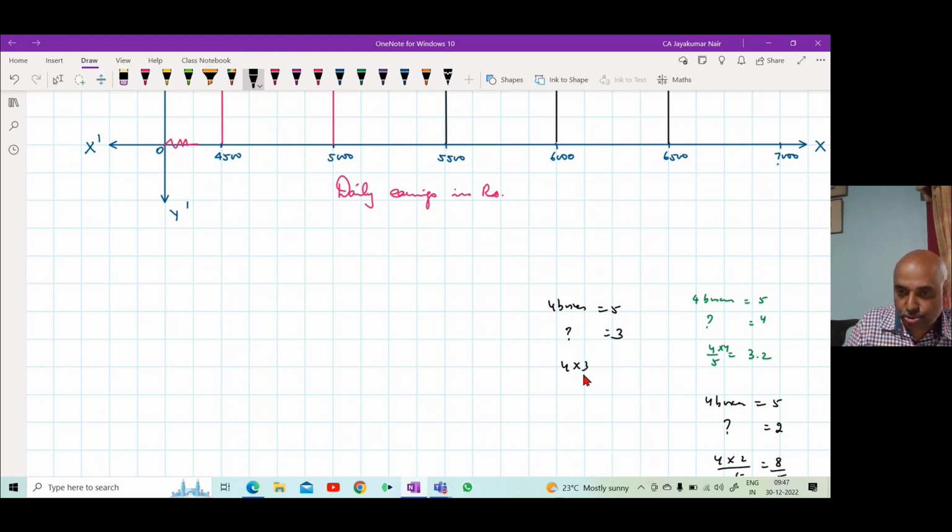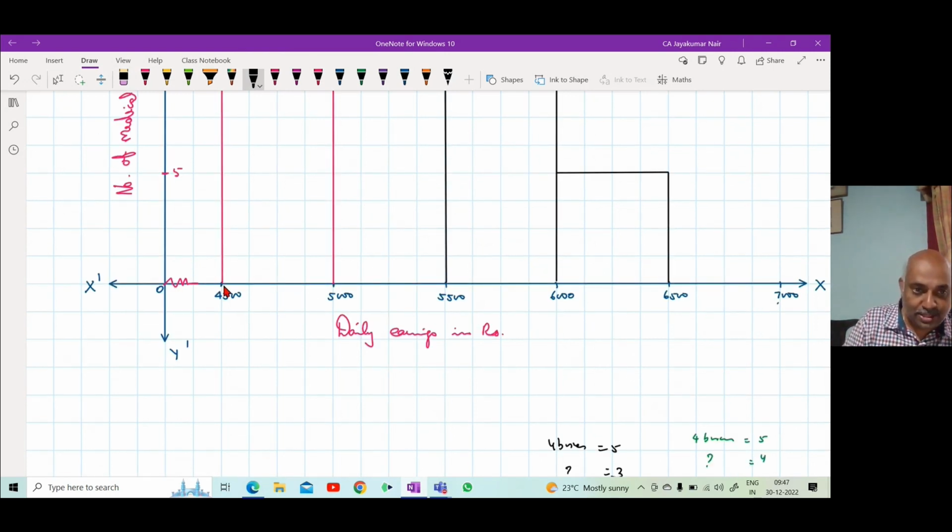So 4 into 3 over 5. So 4 into 3, 12 over 5 is 2.4 boxes. So this is 2.4, somewhere here. And then draw a horizontal and vertical line.